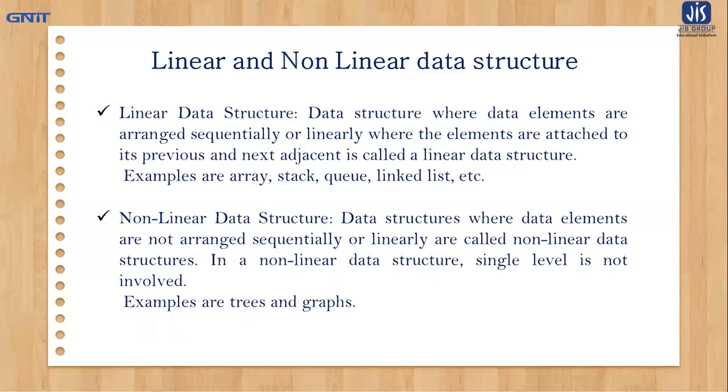Suppose we have 10 friends and we are holding each other's hand. So what will it be like? It will be like a line. Or whenever we are standing in a queue at a ticket counter, we always have to be in sequential order.